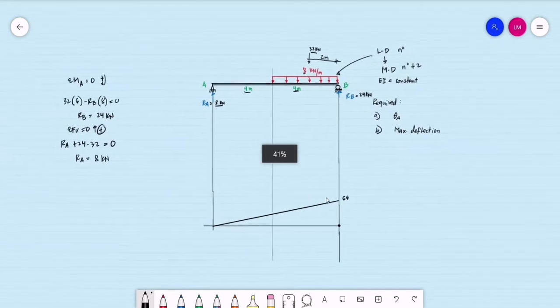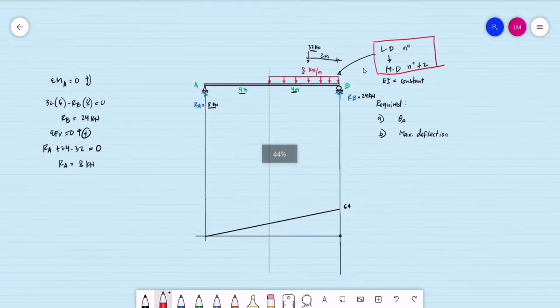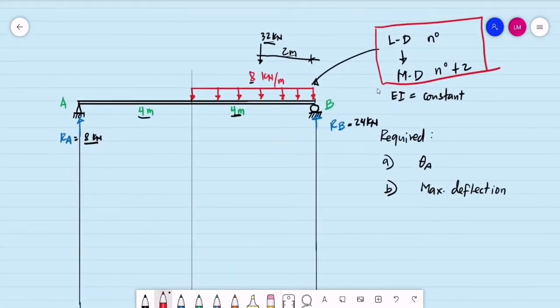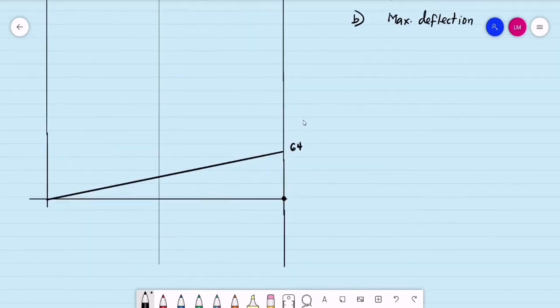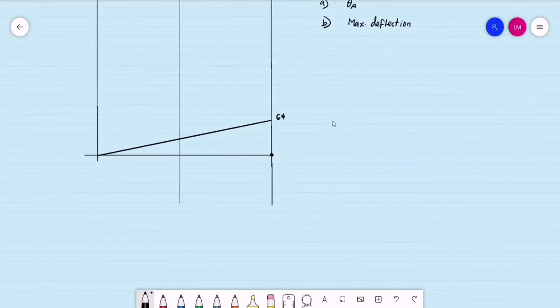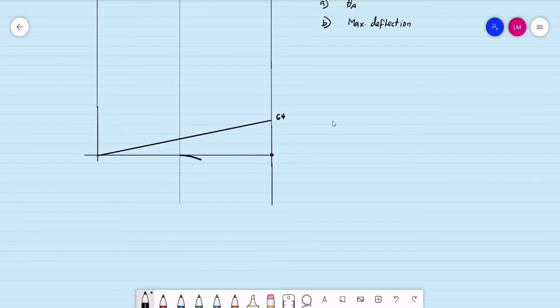So again, since the degree of our load diagram is N, we add 2 as we go down to our moment diagram. For a uniformly distributed load, the degree is equal to 0. So the degree of our moment diagram caused by this uniformly distributed load will be second degree. If it is second degree, it will be a curve graph.